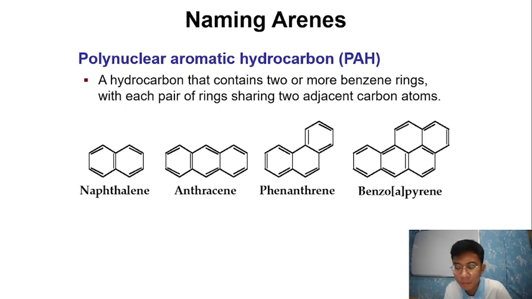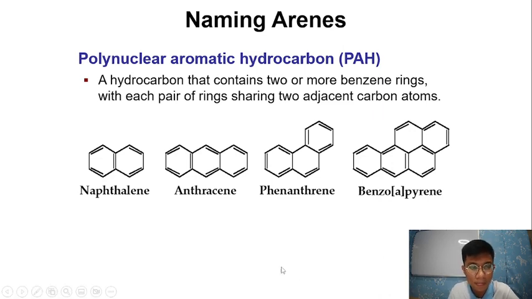Eto na, I'm near the end of my presentation. Aside from having benzene rings na you have the substituent, there are these polynuclear aromatic hydrocarbons or the PAHs. If we define it, PAHs are the hydrocarbons that contain two or more benzene rings.